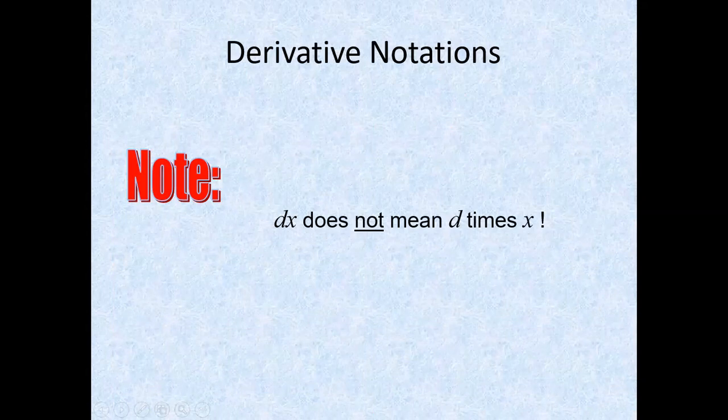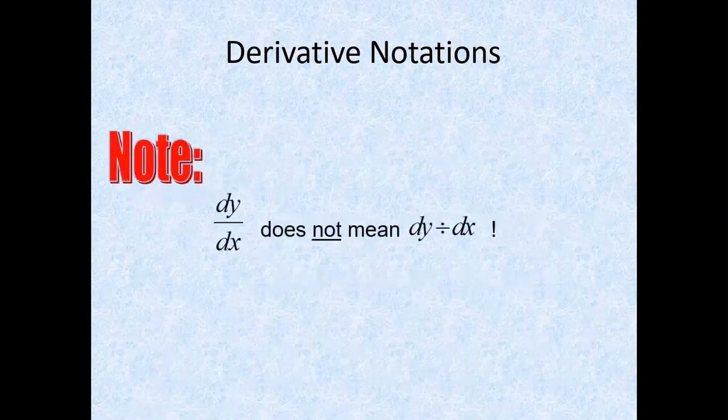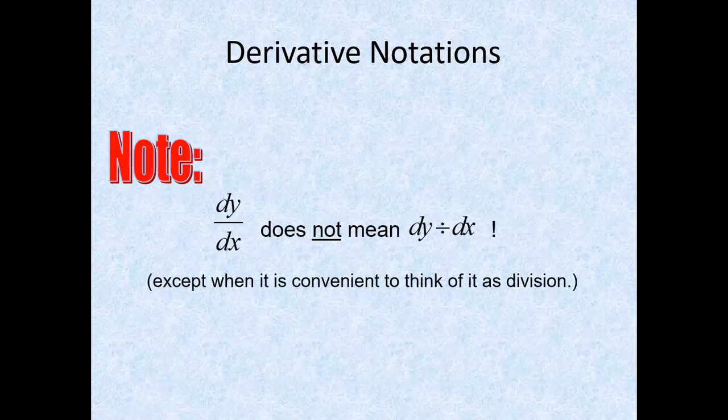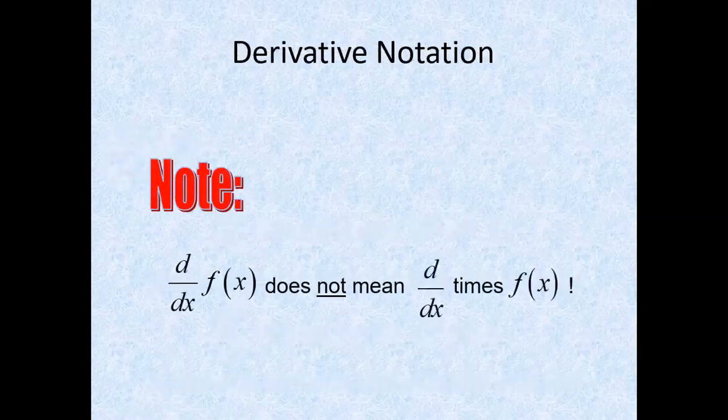So it does not imply d times x, and dy does not mean d times y, and dy dx does not mean dy divided by dx, except when it's convenient to think of it as a division. And df over dx does not mean df is divided by dx. Okay, d over dx of f of x does not mean d over dx times f of x.